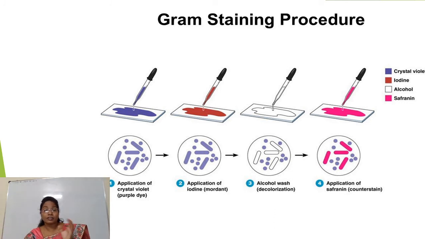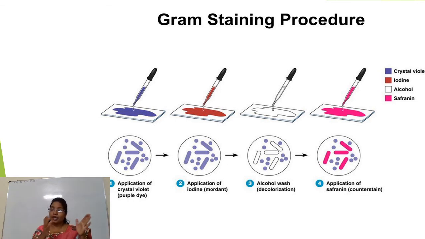Finally, for visualization of the second type of bacteria, which lost the purple color, there is application of another stain, that is the counter stain. We can use safranin. After application of safranin, some of the bacteria are colored pink. So at the end of this gram staining procedure, we will see two types of bacteria.